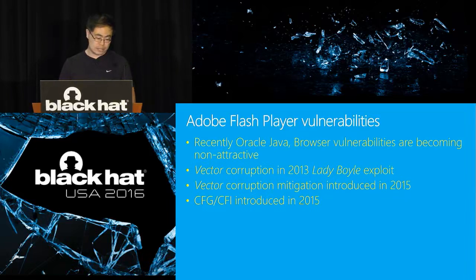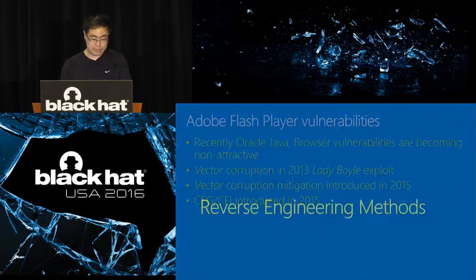This was used for 2 years. Every exploit since then until mid-2015 used this method. It was a very, very effective way to exploit Flash vulnerabilities. But in 2015, Adobe made a lot of effort to introduce new mitigations, and vector corruption mitigation was one of them. After that, they introduced CFG, and it broke a lot of exploit methods.